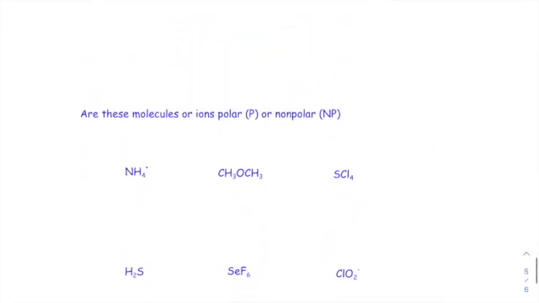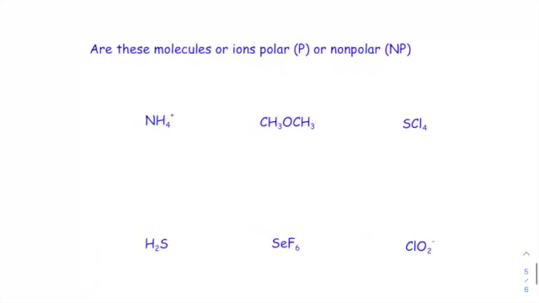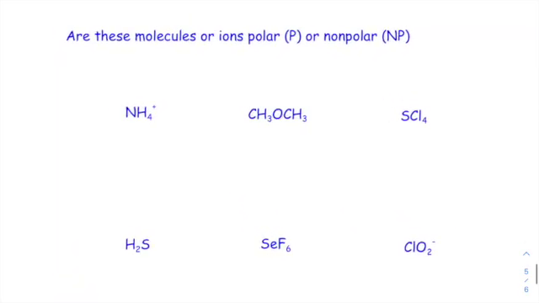All right, so let's decide if these molecules or ions are polar or nonpolar. I'll do the first one, and then I'll let you try a couple. So the first step is to draw the Lewis diagram. So I have 8 electrons, and H, H, H, H. I know it is not flat like a square.